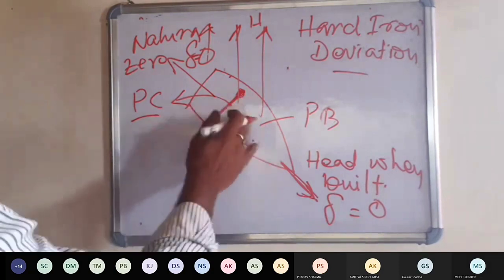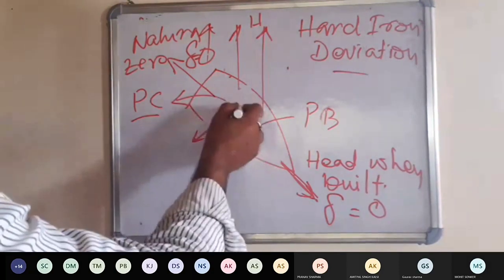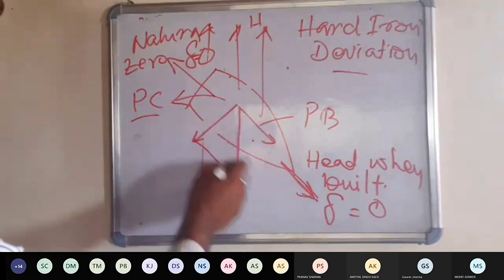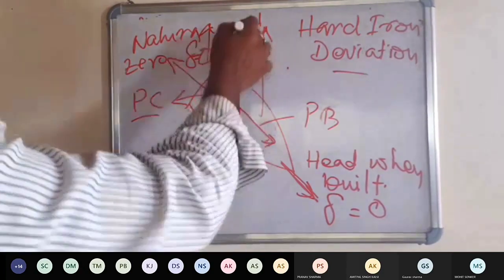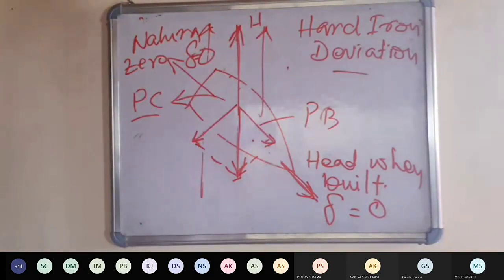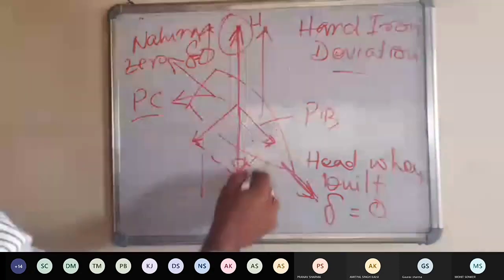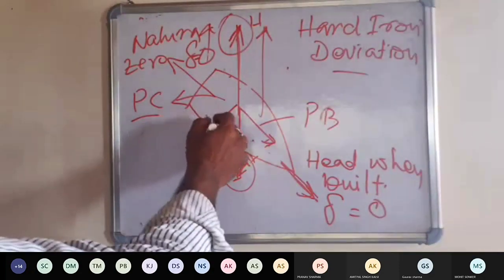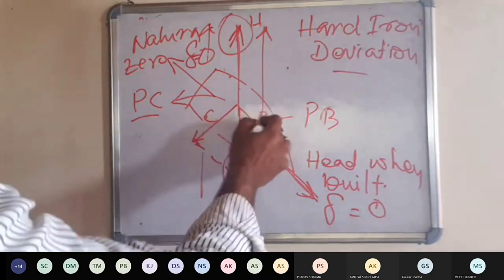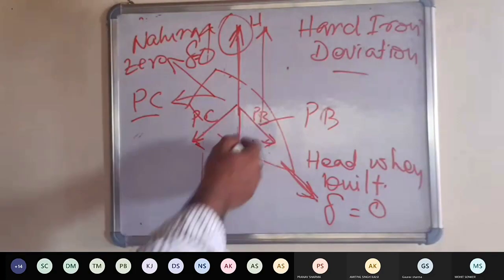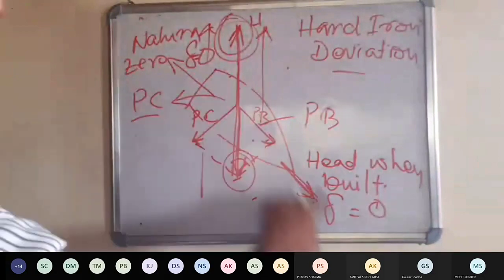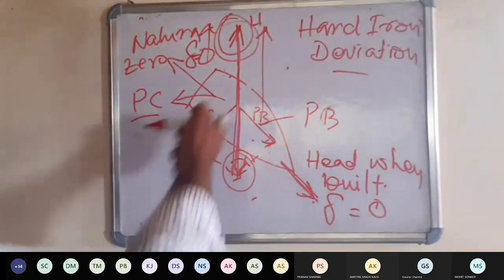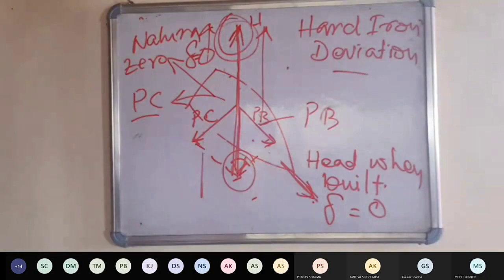Because some part of this is like this, some part of this like this. So the resultant of this will be in this direction, which is either opposite to this or supporting this, but in the same line. The resultant of PC and PB is again in the same line. So the deviation will become zero. However, the magnetic directive force will become maximum or minimum depending on the course.